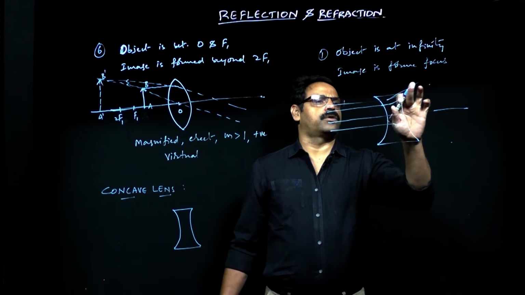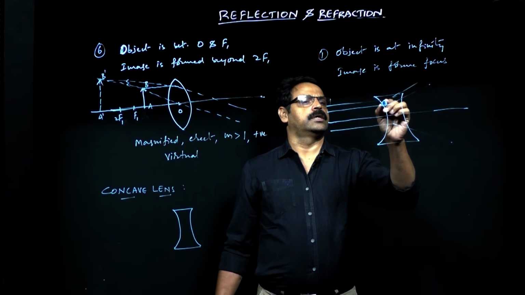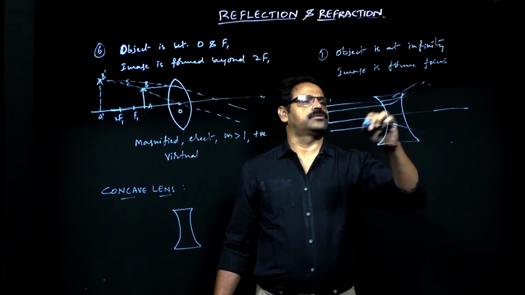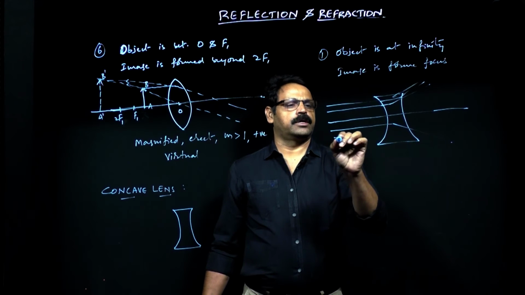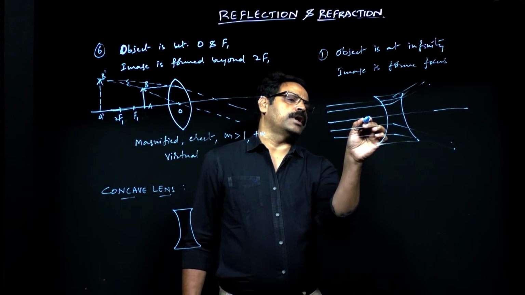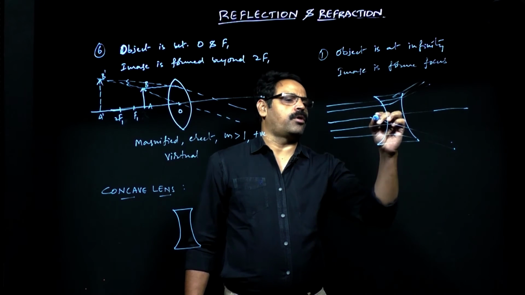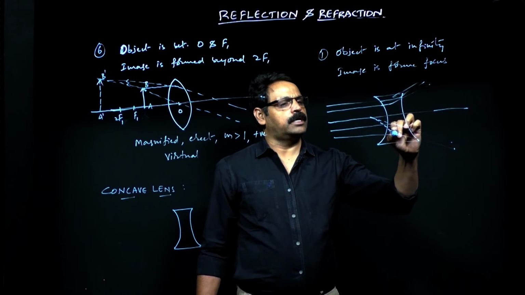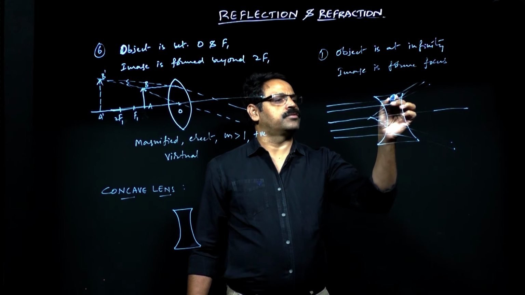Of course it is not above this, it will be through the surface, through the curvature. So here when I think of this, it is deviated in this manner. But when you extrapolate this, all are meeting at a point which is nothing but the focus over here.